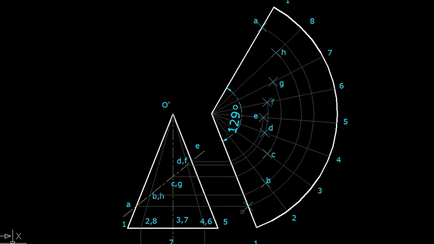So I will join now. Here I am joining the points starting with A, then B, then C. Though this is appearing like a straight line here, I will have to convert it to a curve because this is AutoCAD.